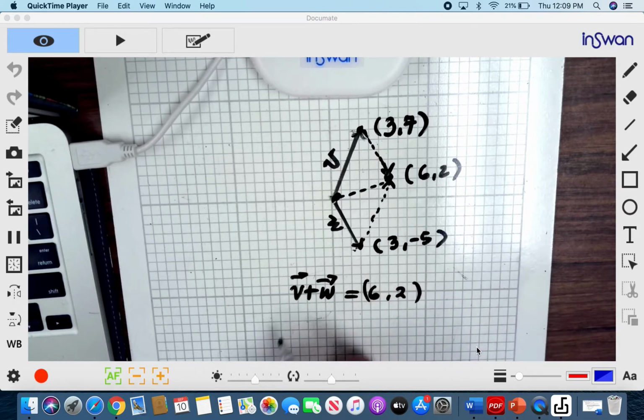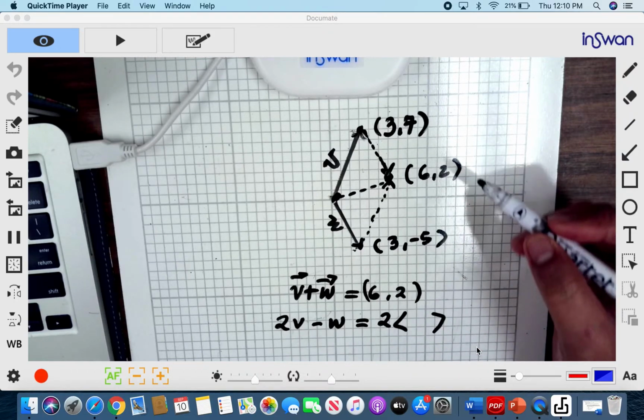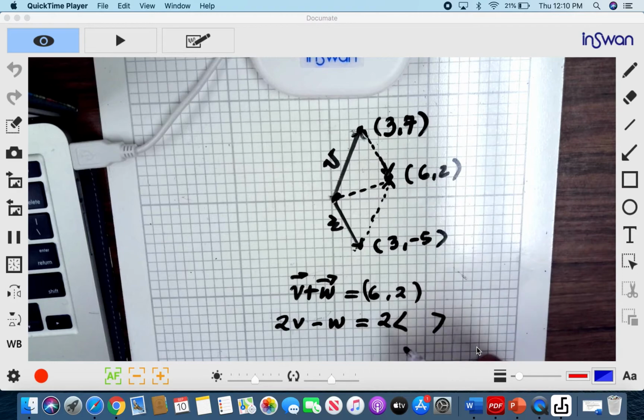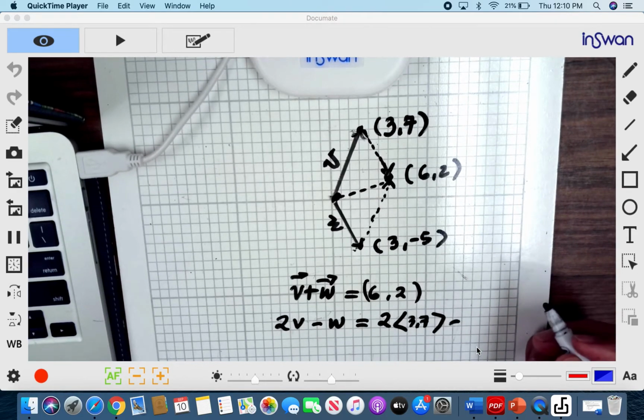So therefore, if I will operate further, I have 2v minus w. So this means 2, multiply it first by v, which is 3 and 7, minus w, which is 3 and negative 5.